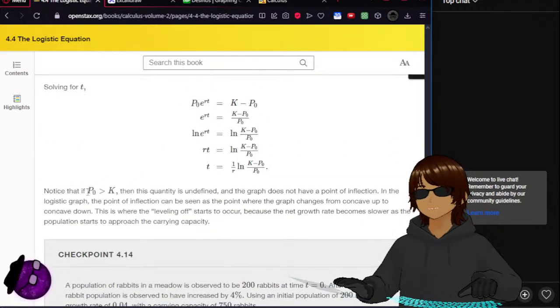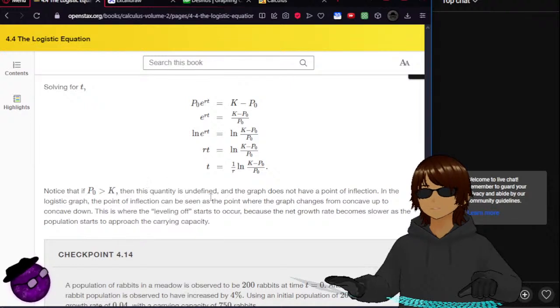Notice that if p0 is greater than k, then this quantity is undefined. The graph does not have a point of inflection. In the logistic graph, the point of inflection can be seen as the point where the graph changes from concave up to concave down. This is where leveling off starts to occur, because the net growth becomes slower as the population starts to approach a carrying capacity.